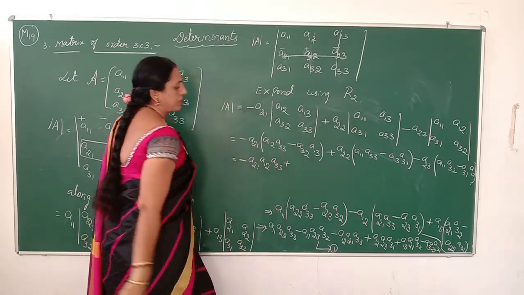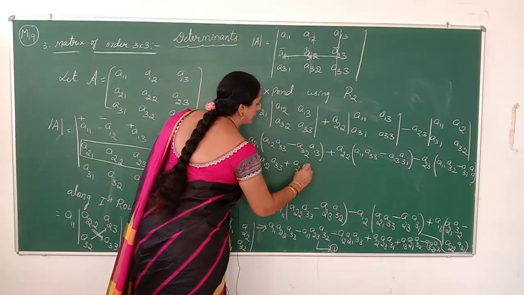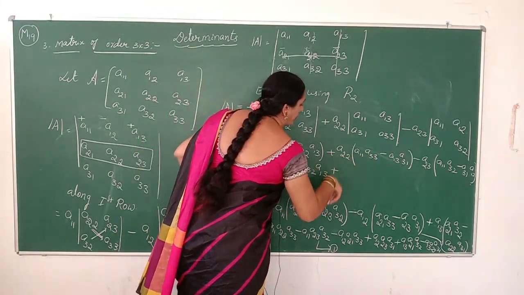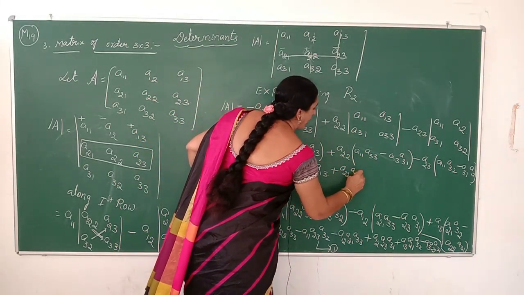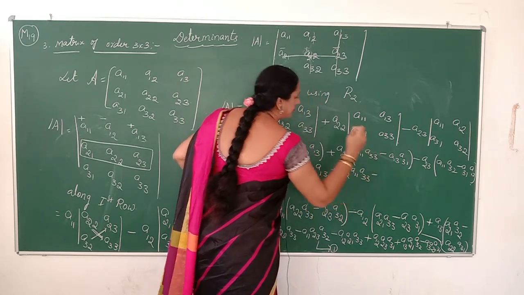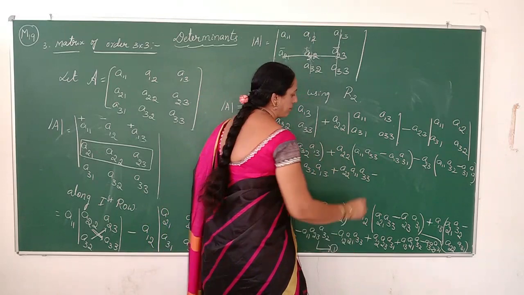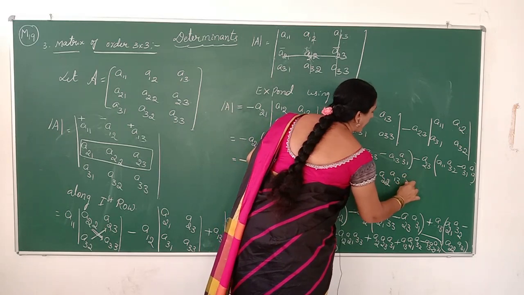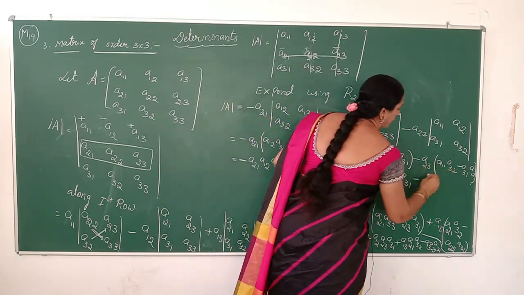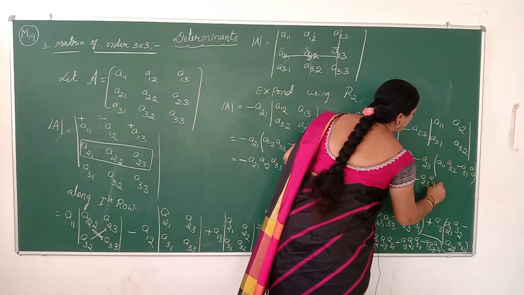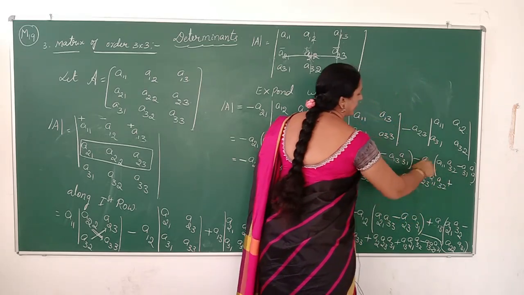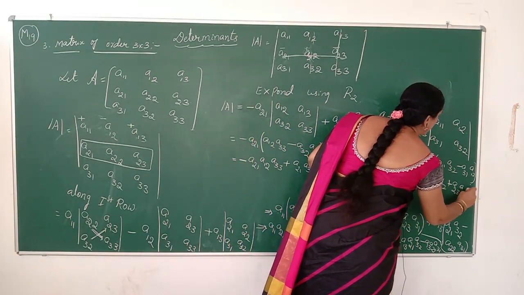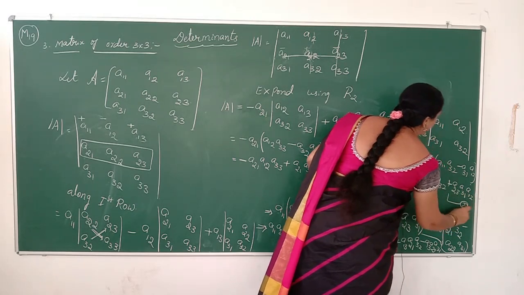Minus into minus is plus A21, A32, A13. Then the second group, plus A22, A11, A33. Plus into minus is minus A22, A13, A31. Minus the third group, A23, A11, A32. After that, minus into minus is plus A23, A31, A12. Let this be called equation 2.